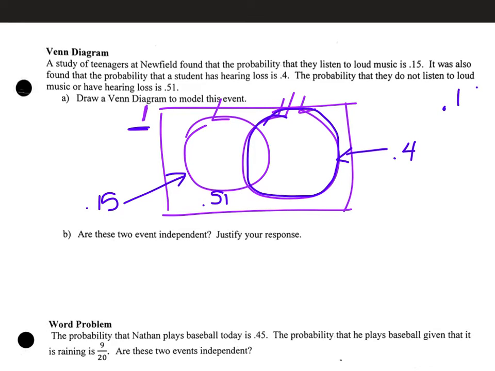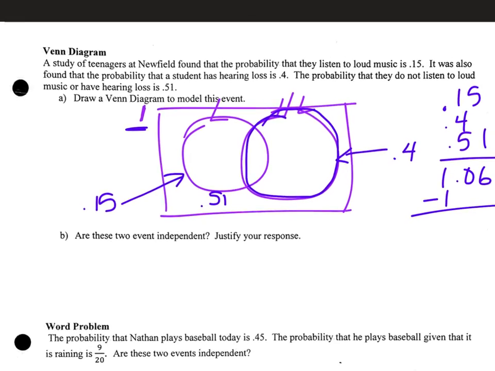So if I get 0.15, 0.4, 0.51, I get 1.06. I subtract 1, so this is 0.06.